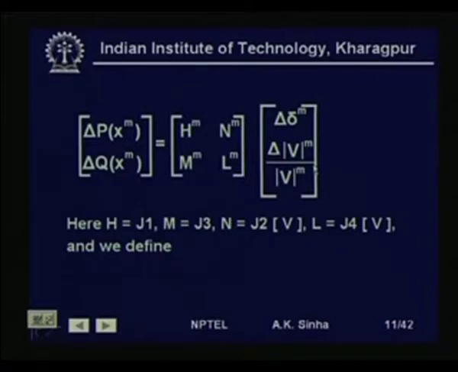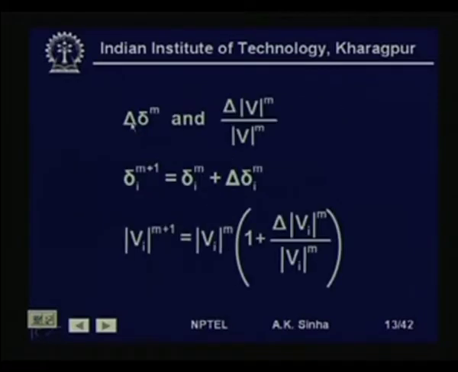Once we have calculated this, we can get the updated value for the m plus 1th iteration: delta i at the ith bus for the m plus 1th iteration is equal to delta i at the mth iteration plus delta delta i at the mth iteration. Similarly, the voltage magnitude is updated as V i at the m plus 1th iteration is equal to V i at the mth iteration into 1 plus delta V i by V i at the mth iteration. So this is the update that we do.